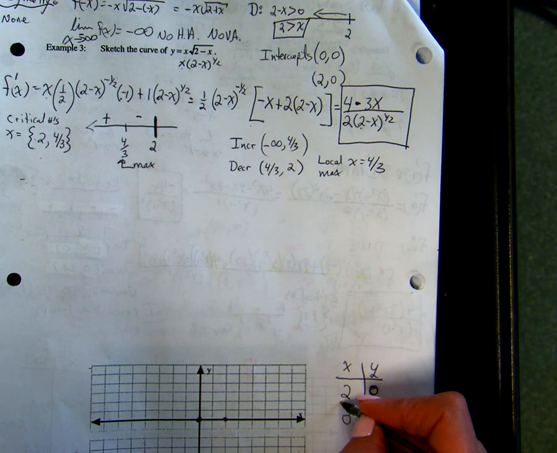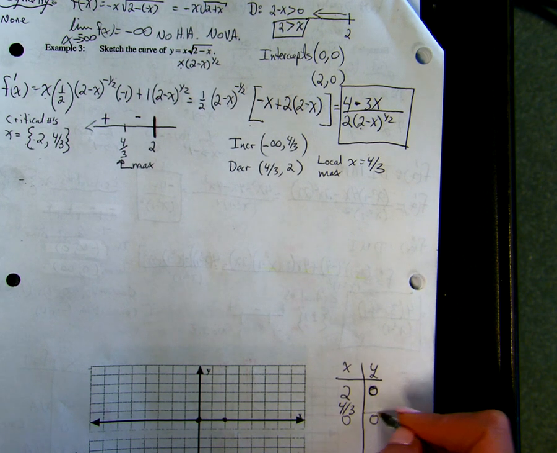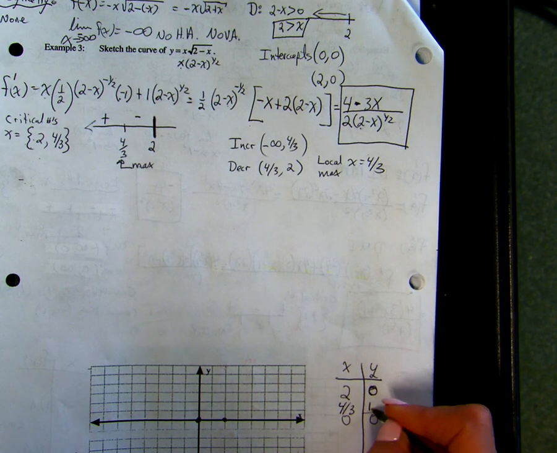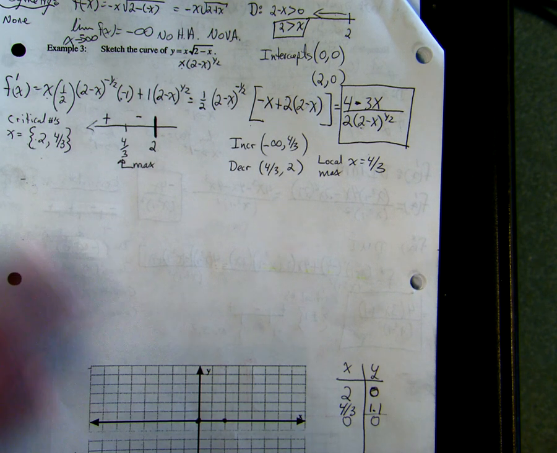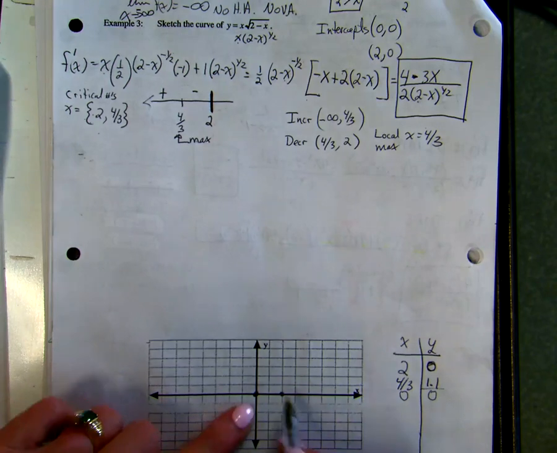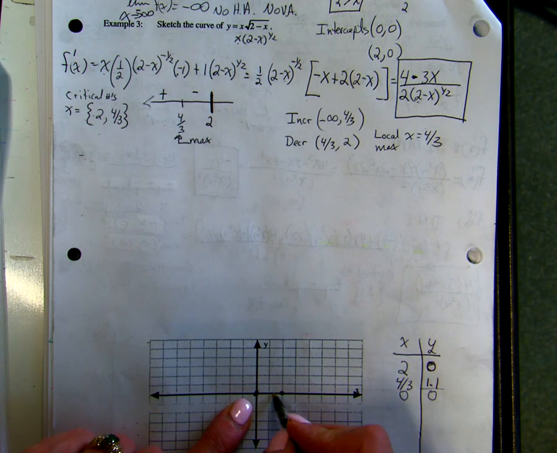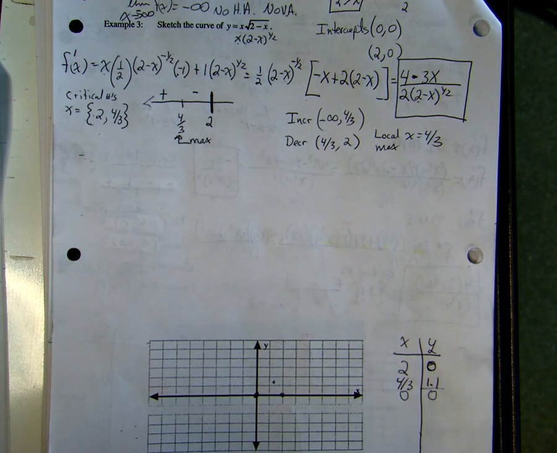Okay, so this is an important point. Let's put this in here. So if x is 4/3, we're going to have to calculate a y value. I'm just going to tell you, I already did it. It's about 1.1. Okay, so right here when x is 4/3, right about here, we've got a local max there.